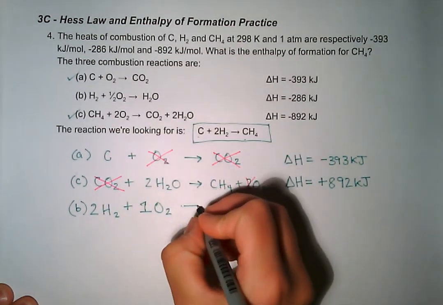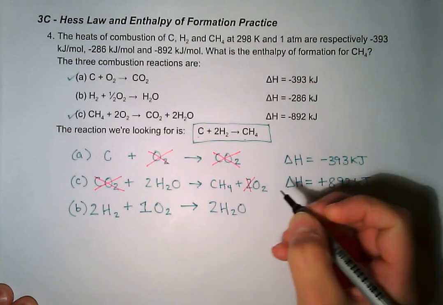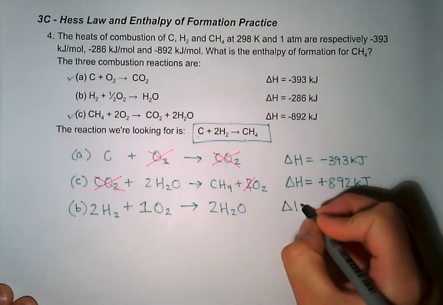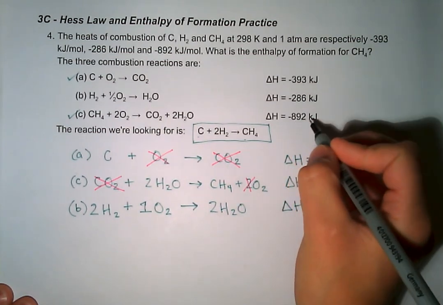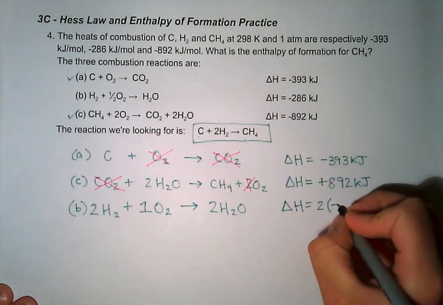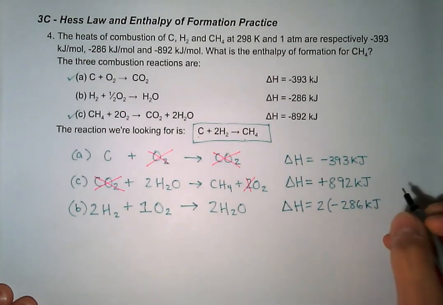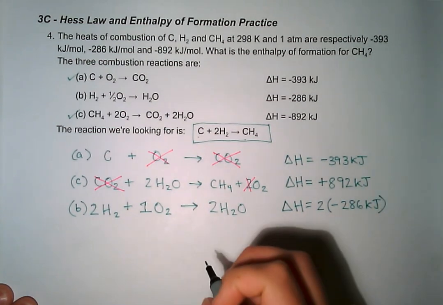And then I'm going to have two H2Os. And since I multiplied my reaction by 2, I also need to multiply my delta H value by 2. So I'm going to put 2 times negative 286 kilojoules. And I'll figure out what that number is after I finish doing the problem.